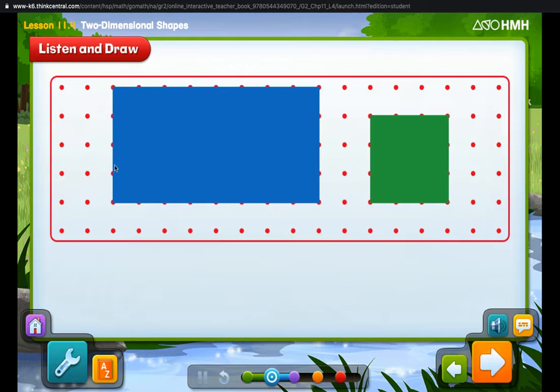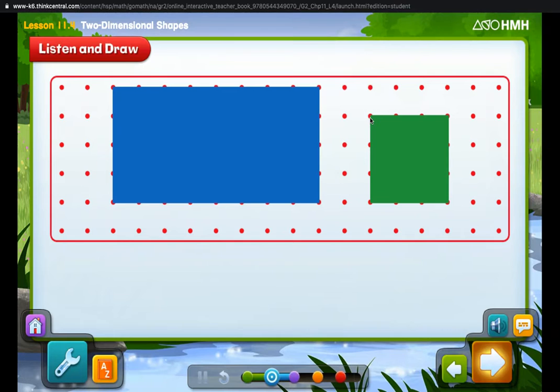They're the same length in terms of their opposite. So this side over here is the same size as this side, but it's not the same size as the side on the top or on the bottom. Whereas with a square, all four sides are exactly the same length.